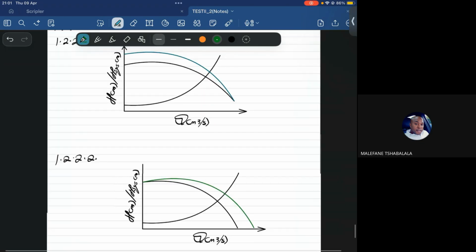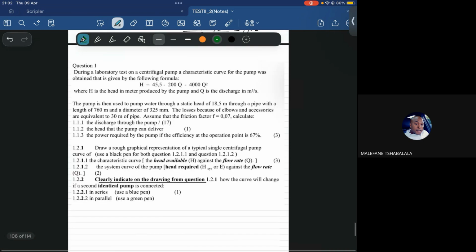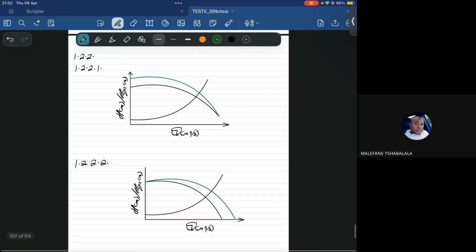Yeah, so that's the difference between the two. So that's how to answer these questions, guys. Do you have questions here?